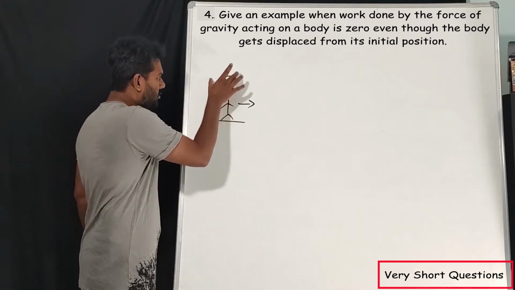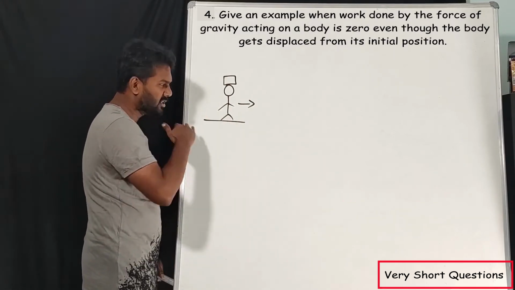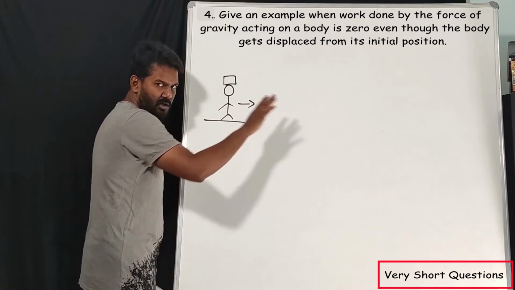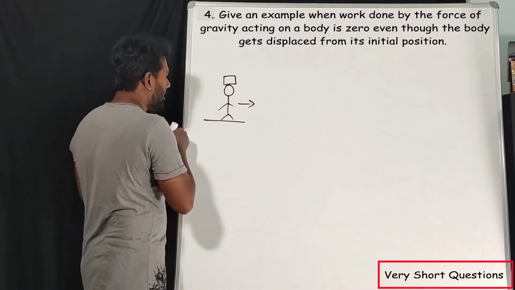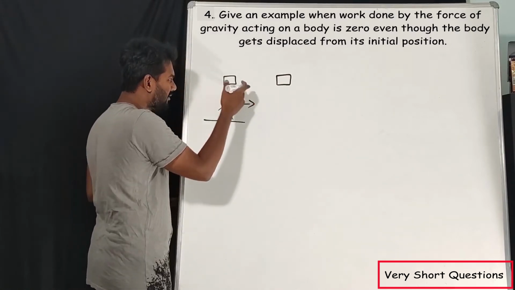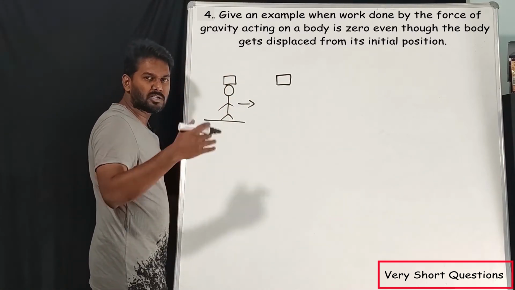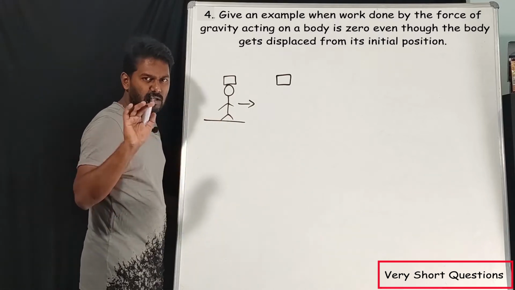A person who is carrying a luggage is walking on a straight horizontal ground, moving in this direction. I am using all the diagrams just to explain it. Don't draw all these diagrams in the exam, you can just explain it, that is enough.